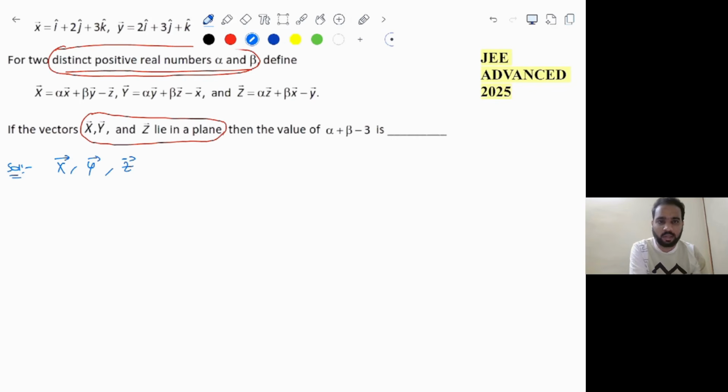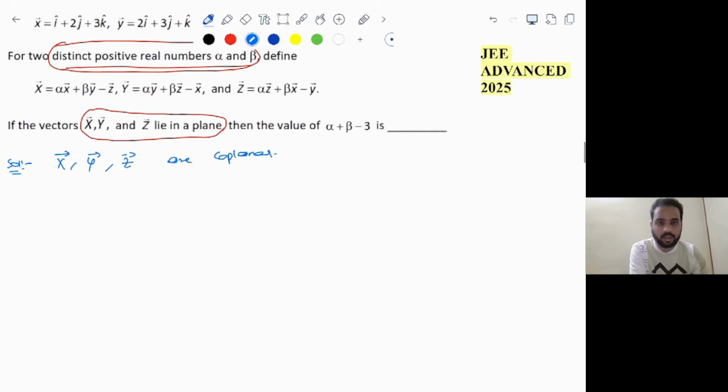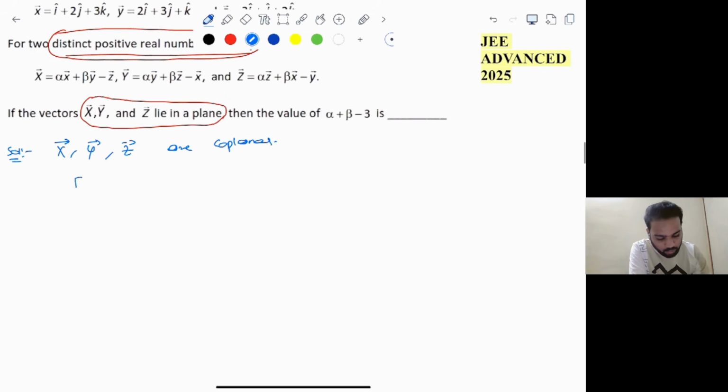So if three vectors are lying in a plane, we say that the three vectors are coplanar vectors. So whenever we have three coplanar vectors, directly we can say the box product of that is equal to 0. The box product of X bar, Y bar, Z bar should be equal to 0.